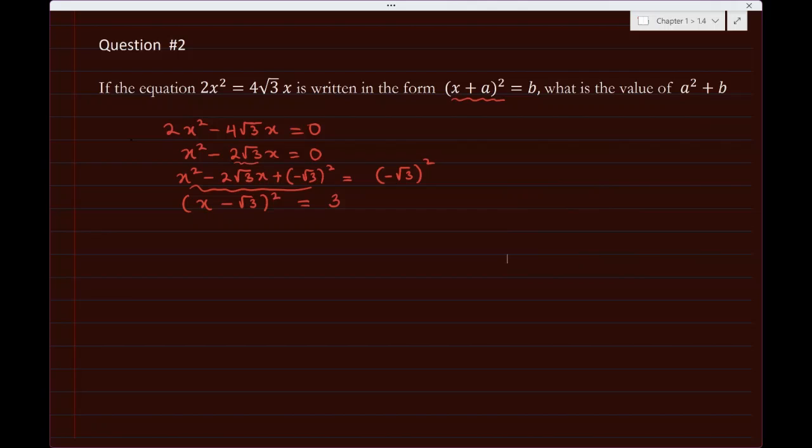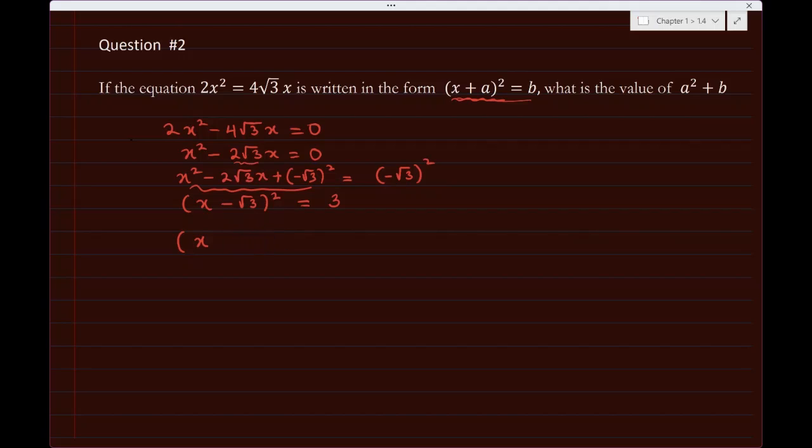Now, but look at our target. Our target is for us to write this equation in this way. So you see what we have between x and a is plus. So we can rewrite this as x minus root 3.